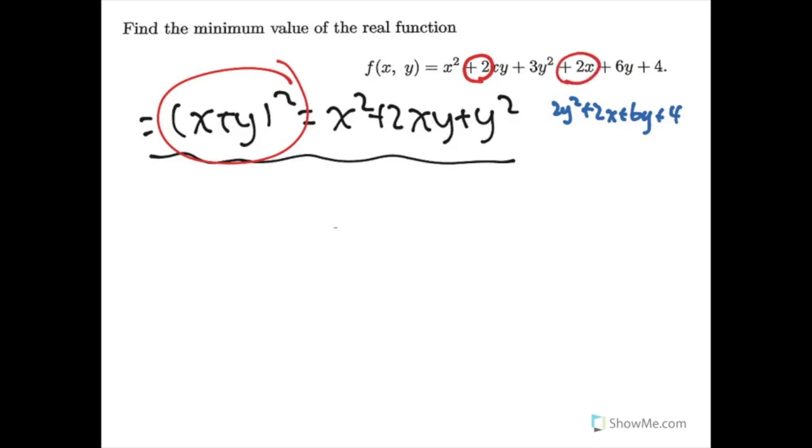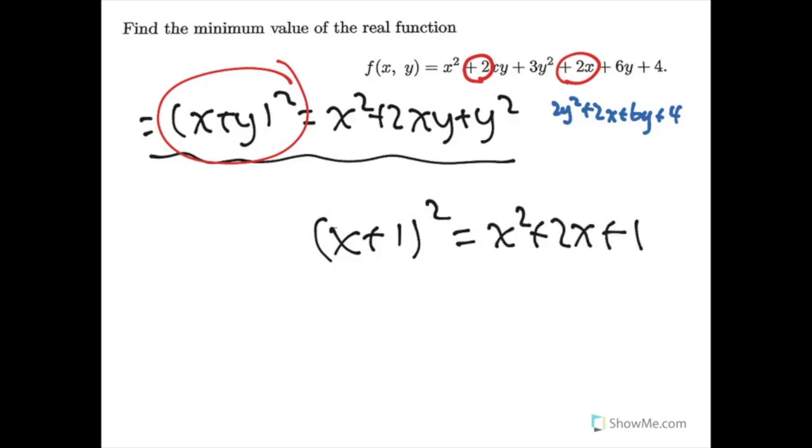That gives me the indication that there probably is an (x plus 1) squared in here, because (x plus 1) squared is x squared plus 2x plus 1, and this will account for the 2x term. But unfortunately, we can't have both of these. If we have an x squared here and the x squared here, things aren't going to work out. We have too many x squared.